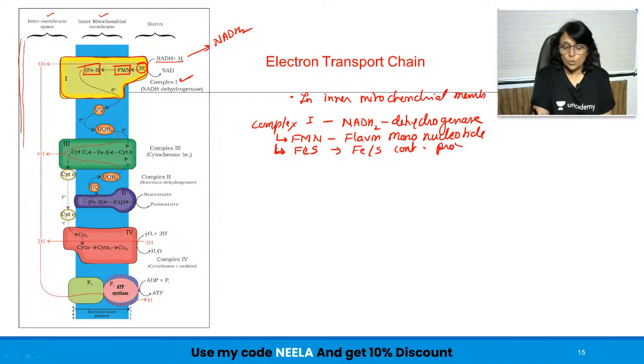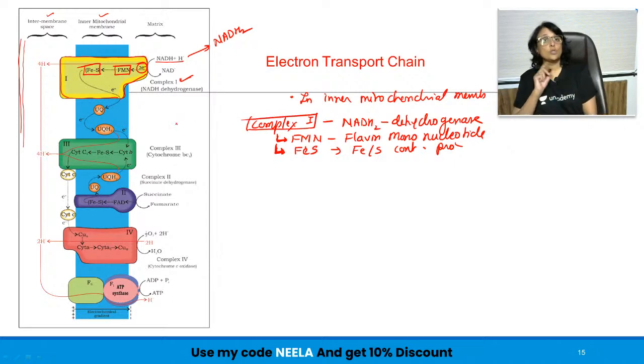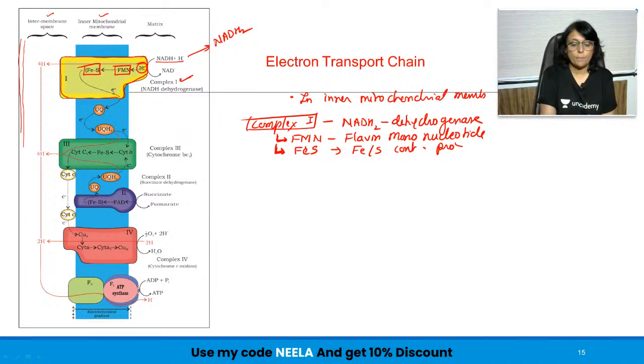So these two make complex 1. And what is the job of complex 1? To remove the protons from NADH2. Clear? Now this electron pair is going to come down the gradient.